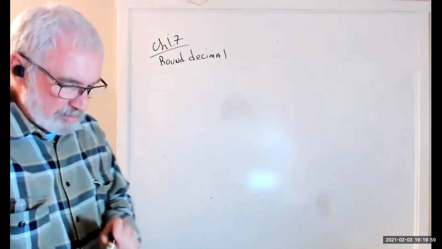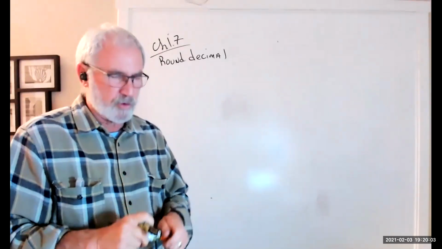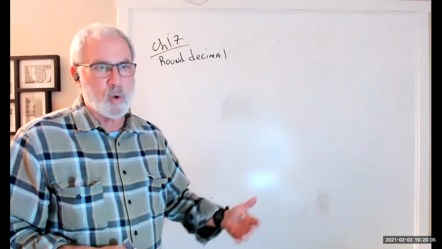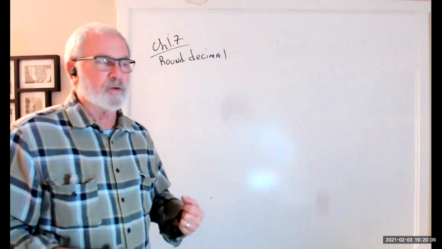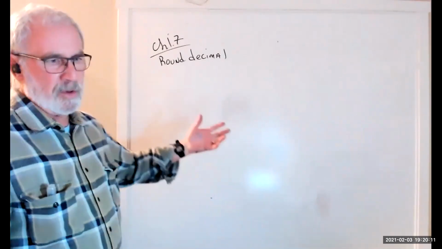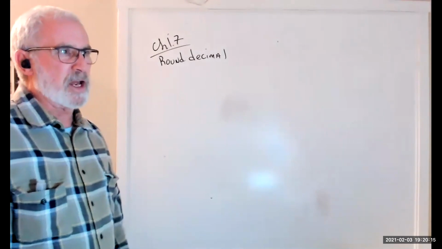When a quiz comes, I might have one question that asks you to round a whole number. There might be 2 questions that ask you to round a decimal number, at least on the quizzes this half.